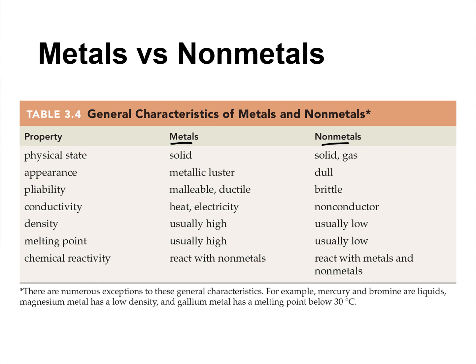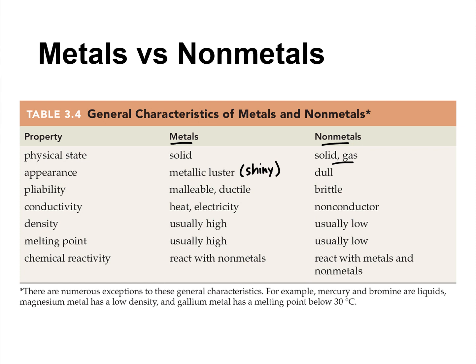Just know that metals and nonmetals are pretty much opposites. Metals are usually solid. Nonmetals can be solids, but they can also be gases or liquids. In appearance, metals are going to be shiny. Nonmetals are kind of dull. So you get the idea here.